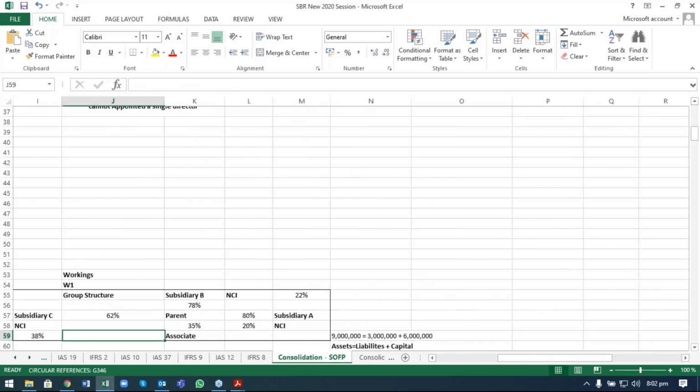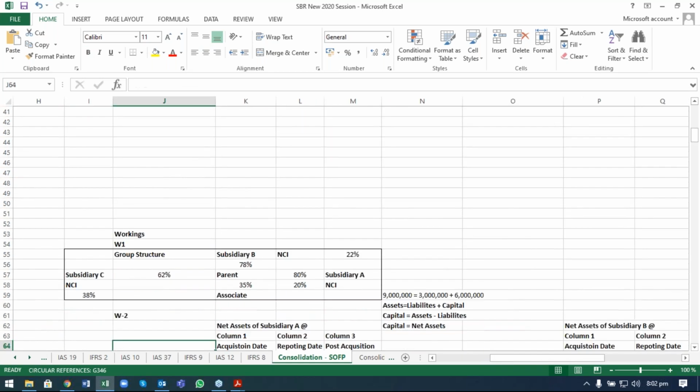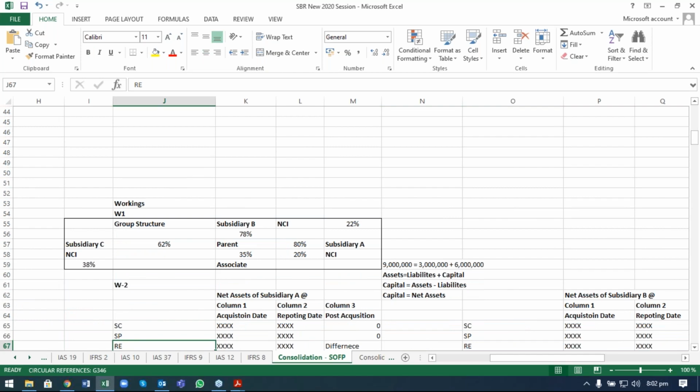The next step is the net assets of the subsidiary. The examiner is going to ask you these specific requirements, rather, the examiner is going to make you do different calculations. So what are net assets? I'm just quickly going through it. Net assets mean assets minus liabilities. It simply means the capital section of the subsidiary is equal to the net assets you are going to calculate.